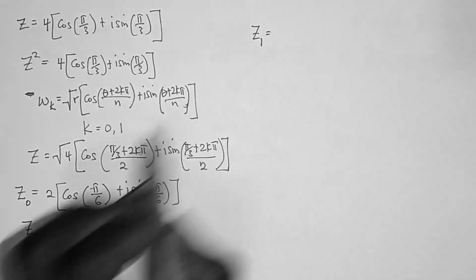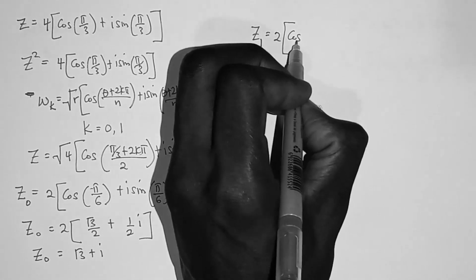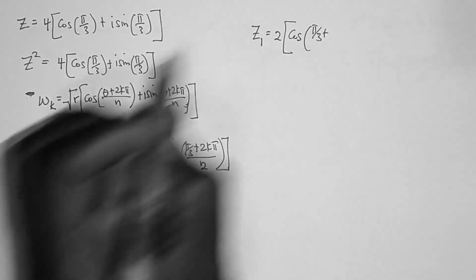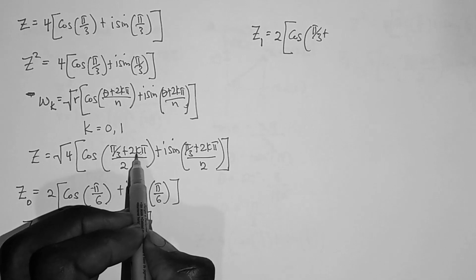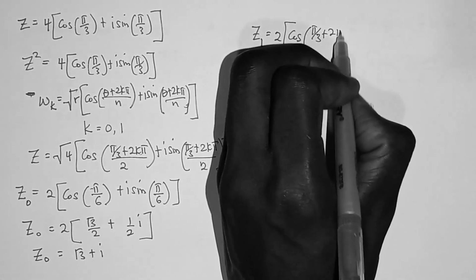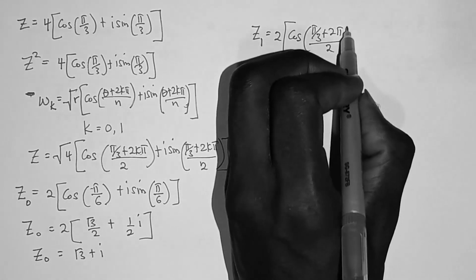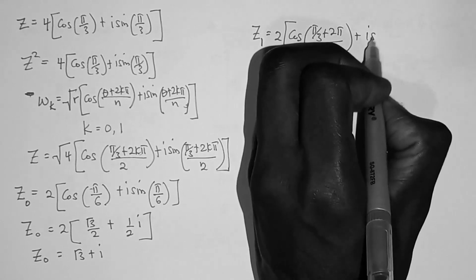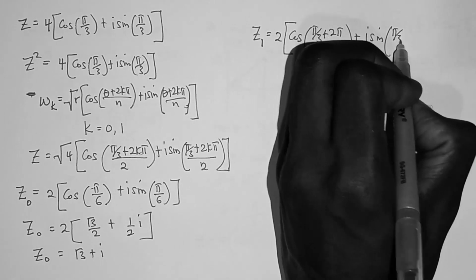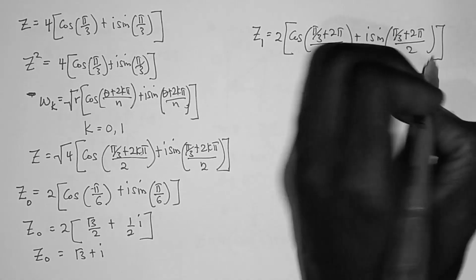Having found z naught, let's find z1. So z1 is equal to square root of 4 is 2, and times cos, in this case, pi over 3 plus, then k is 1 here, so if you put in 1, 2 times 1 is 2 times pi, it will be 2 pi divided by n is 2, then plus i sine, in brackets, pi over 3 plus 2 pi divided by 2, bracket close.